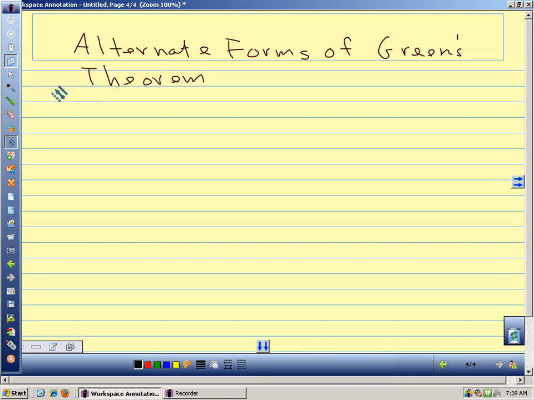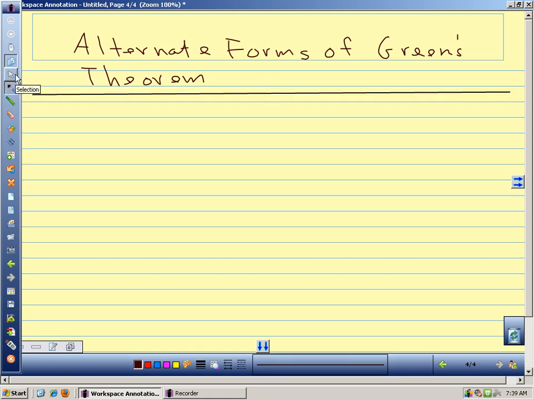Remember that Green's theorem applies in the plane, and we're going to do these derivations in the plane. At the end of the unit we'll extend these into space, but this gives us a nice introduction because we have all the tools to do this now.